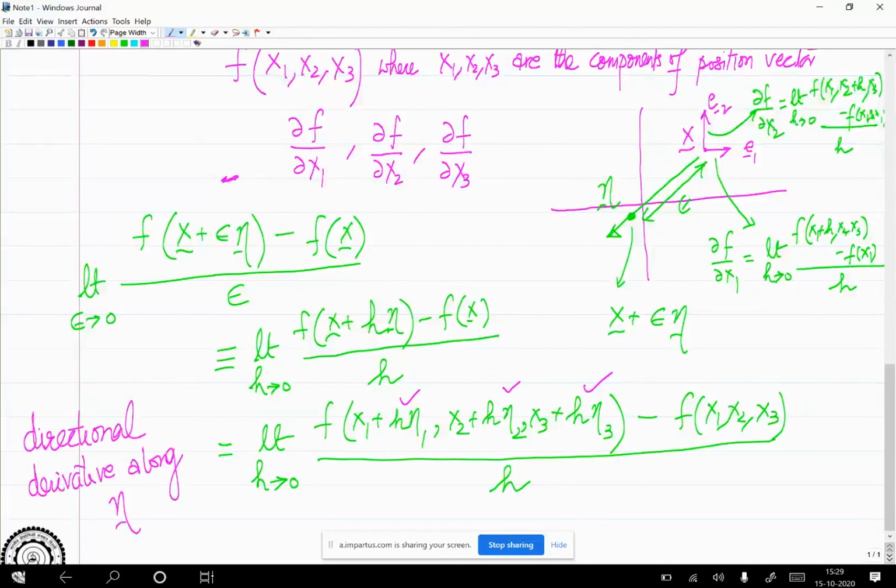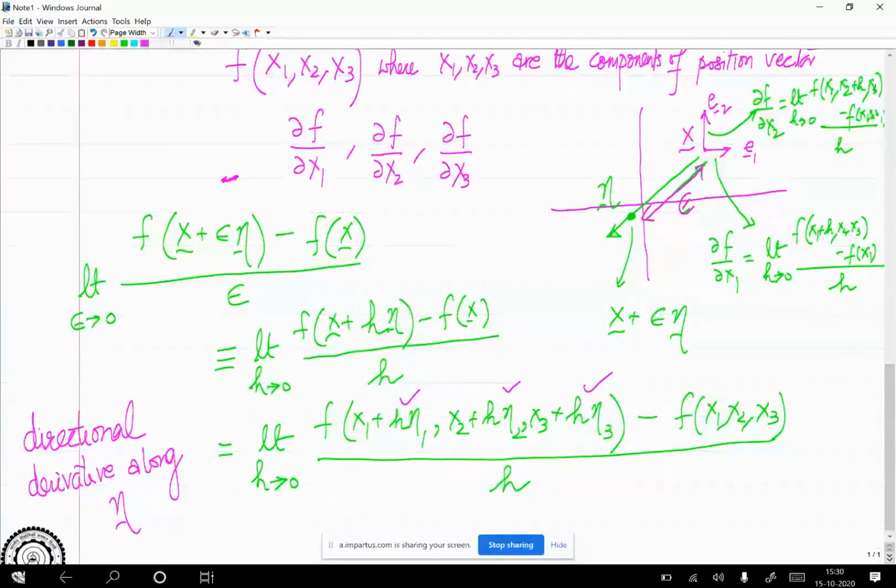Now please tell me what you were asking, Niranjana. Sir, what is epsilon defined? Is that a distance between which points? Geometrically, what is epsilon? As you can see here, epsilon is the distance that I have traveled in the direction of eta.